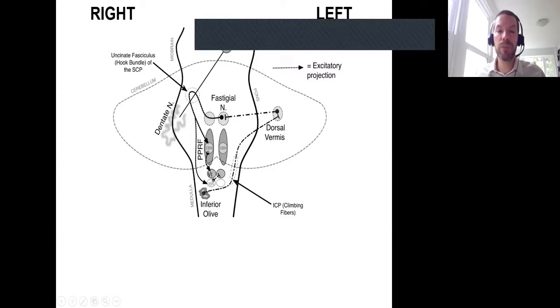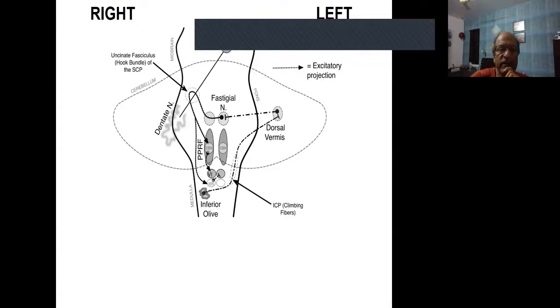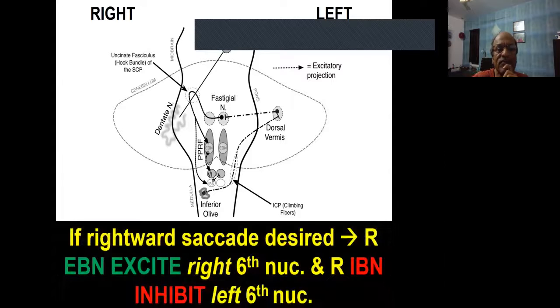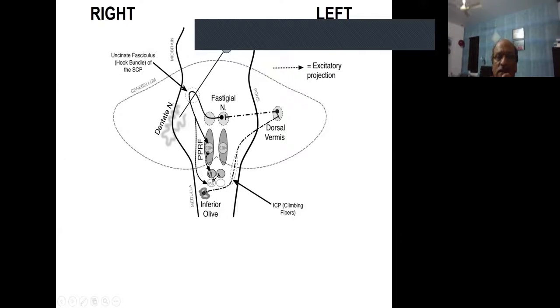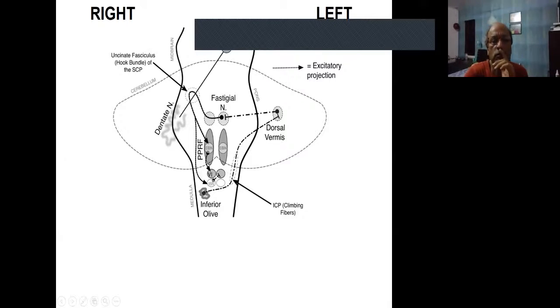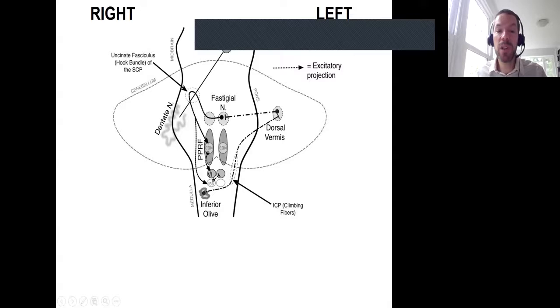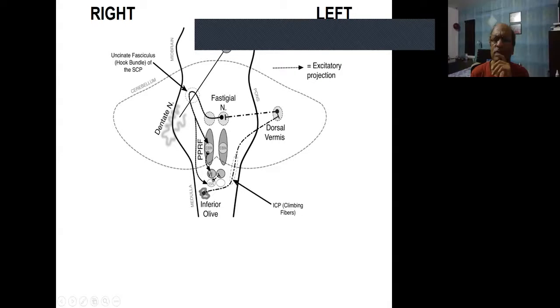Yeah. Okay, so the question was what happens if you have ipsilateral olivary and contralateral ICP? What happens to pulsion? So ipsilateral inferior olive and contralateral ICP. Same, I suppose. Both. Right.